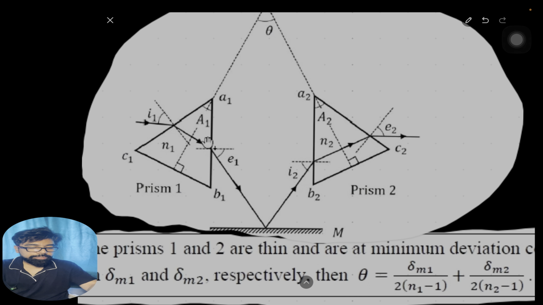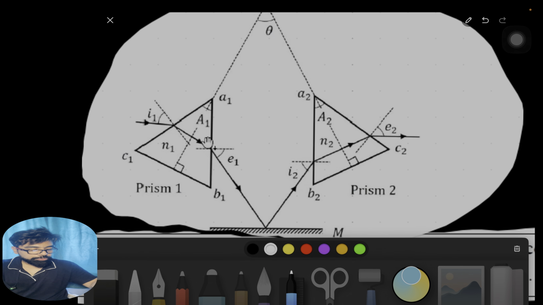So A1 is delta m1 divided by (n1 minus 1), and A2 is delta m2 divided by (n2 minus 1). But theta is included here, so how do we relate theta with A1 and A2?